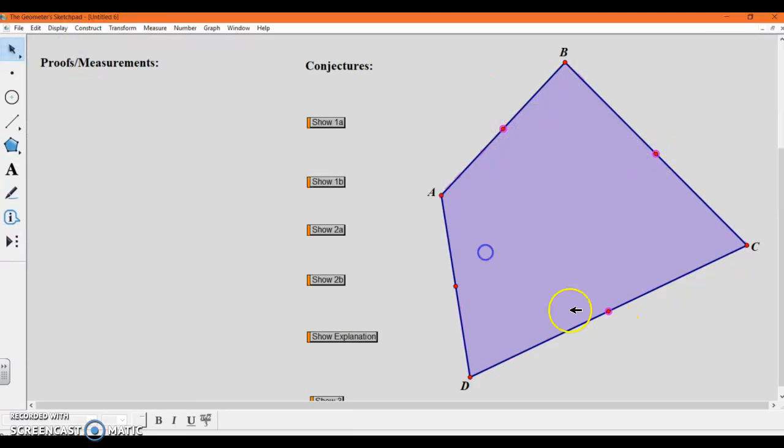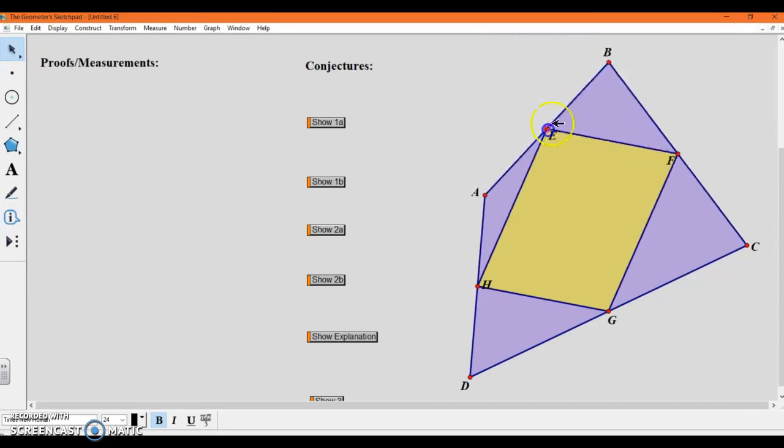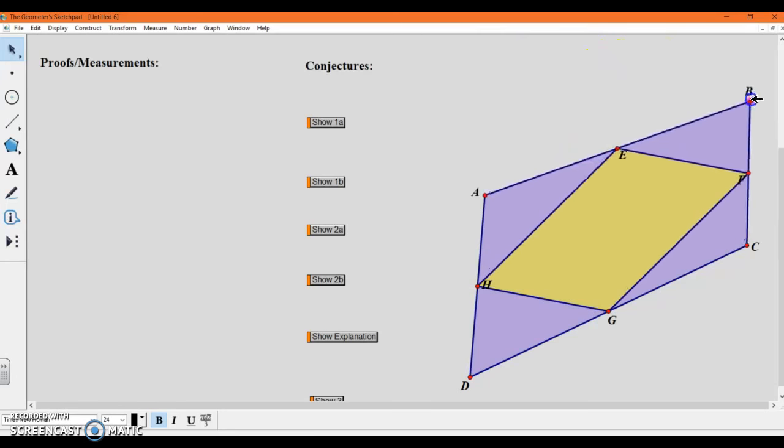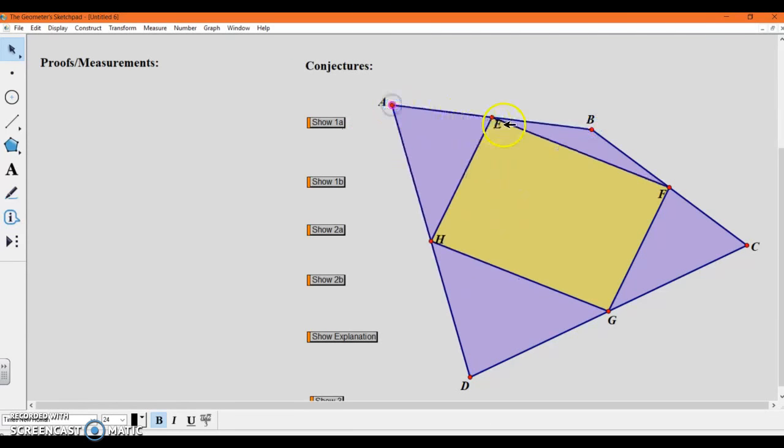Those midpoints need to be labeled EFGH. And we're going to connect them to make our interior quadrilateral. Next, we're going to spend some time dragging our points around and observing how our quadrilaterals change.